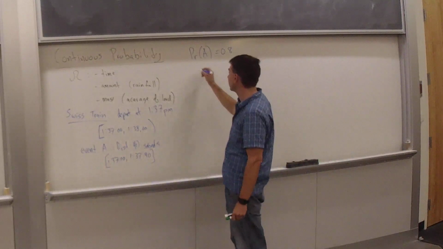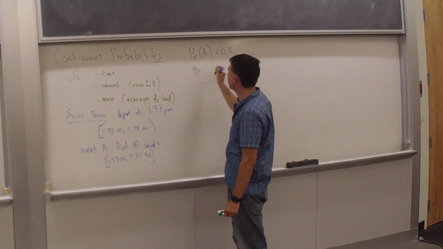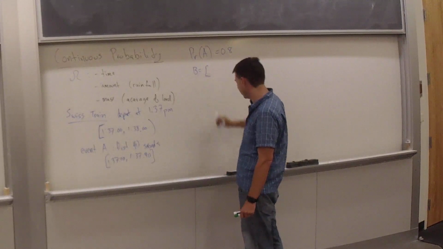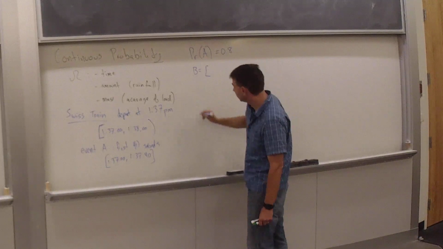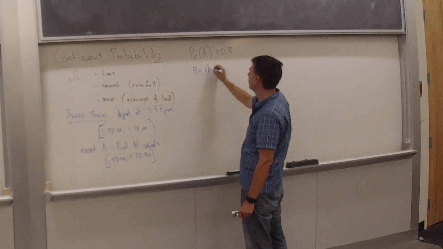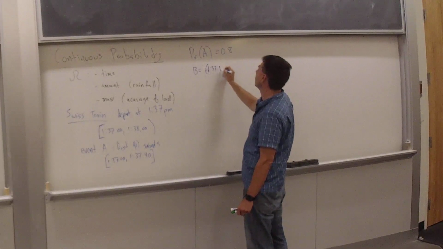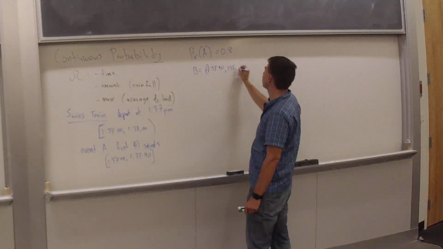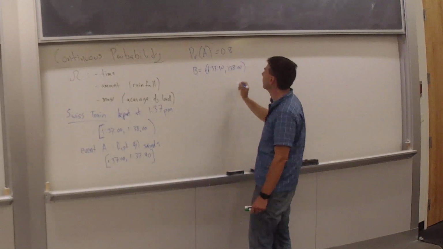Which means that, let's say, B is going to be this other event, which the time is going to be, let's say, 1:37:40 to 1:38:00, right?